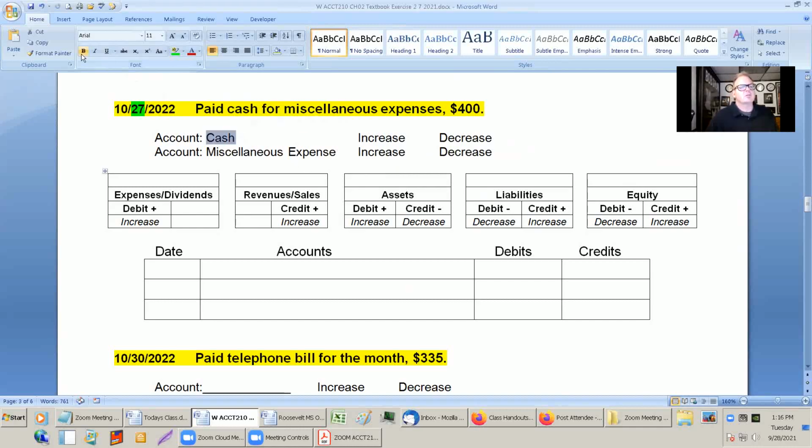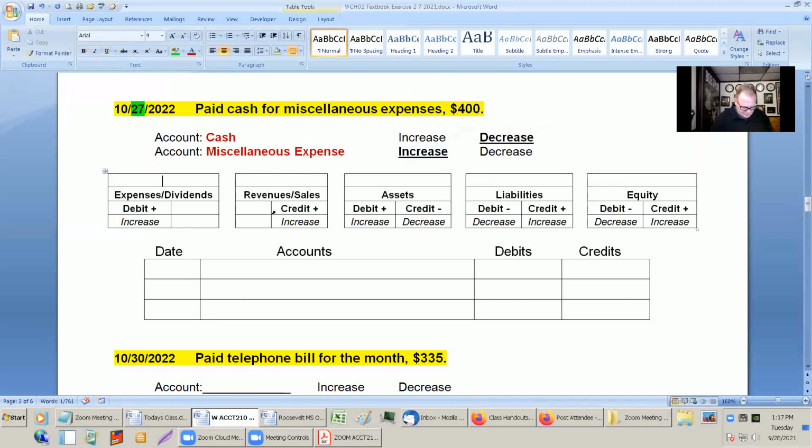Okay, cash going up or down? Down. And miscellaneous expenses are always increasing. I'm going to abbreviate it here. You can feel free to abbreviate that too.